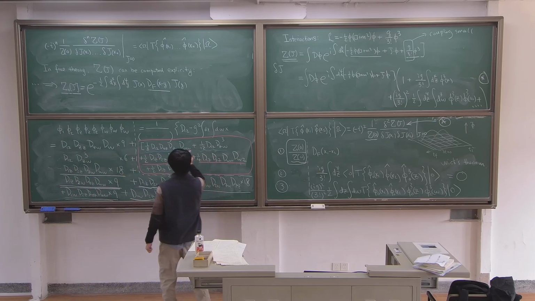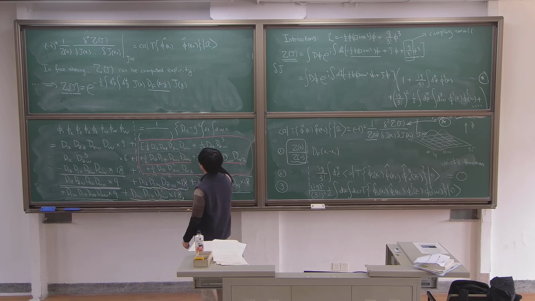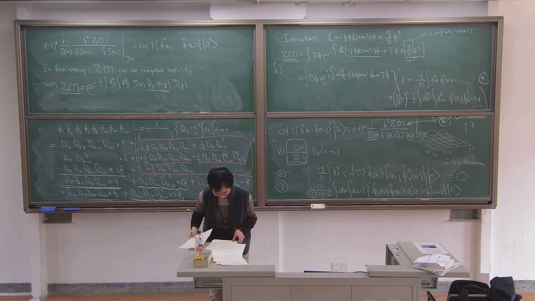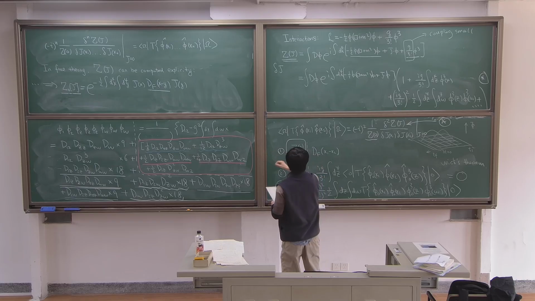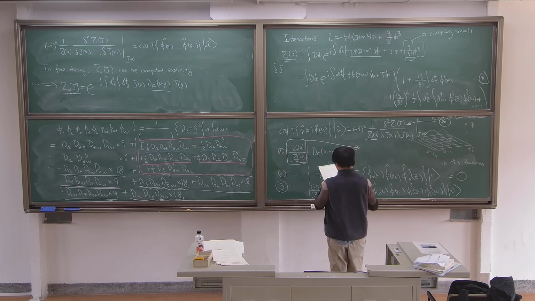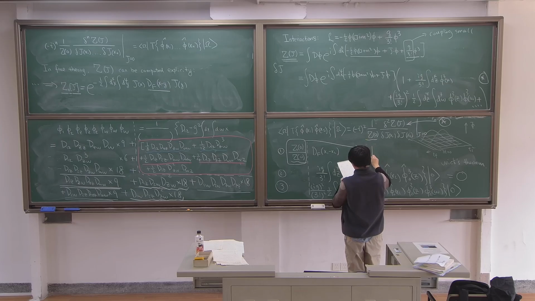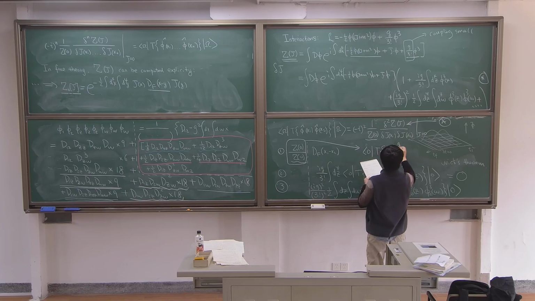But there's some interesting cancellation here. This blue line cancels with this bracket. The bracket is this one. Okay. So this bracket, or this one, is nothing but the free correlator for this time-ordered interacting term.